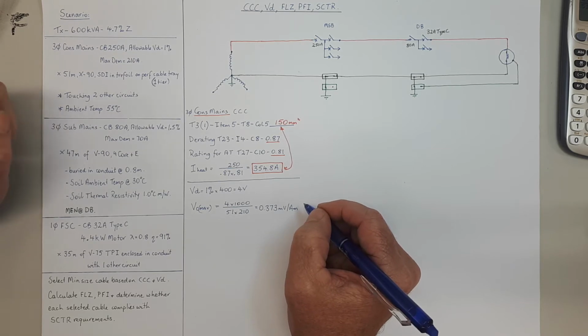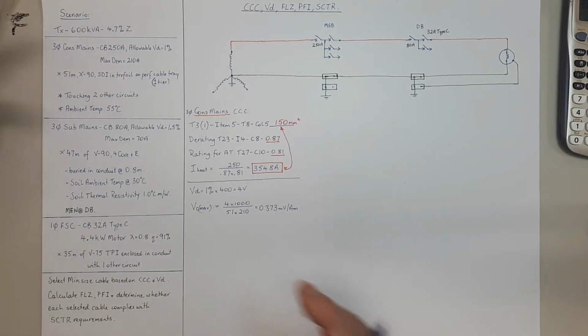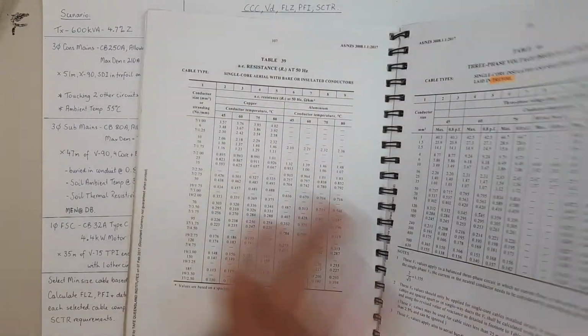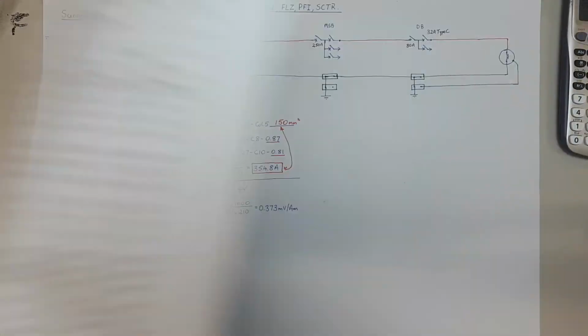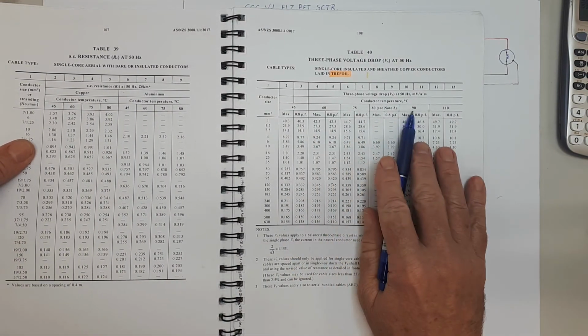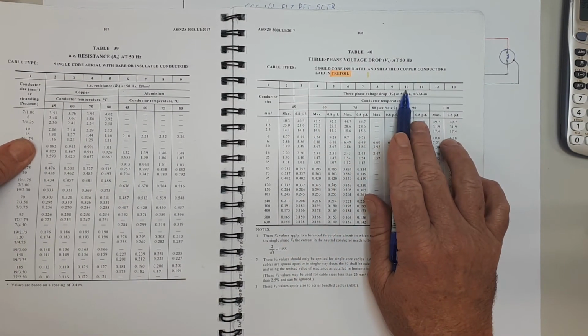All right, so what we do then is we go to a voltage drop table. Now, of course, there are a few voltage drop tables. The one we're interested in is table 40 because that's the one for where it's laid in trefoil. And of course, it's 90-degree cable. So we're at column 10.